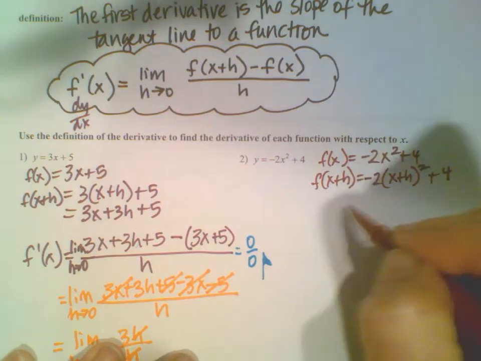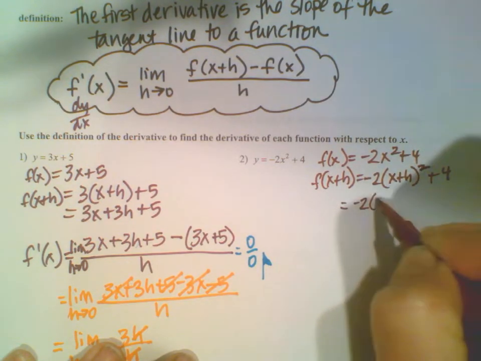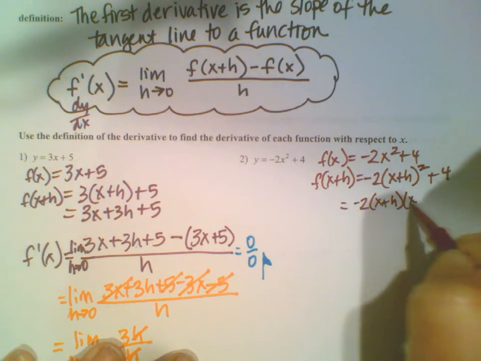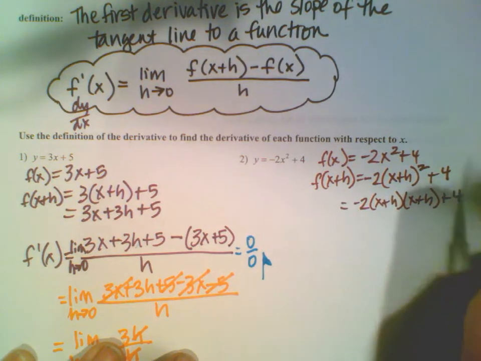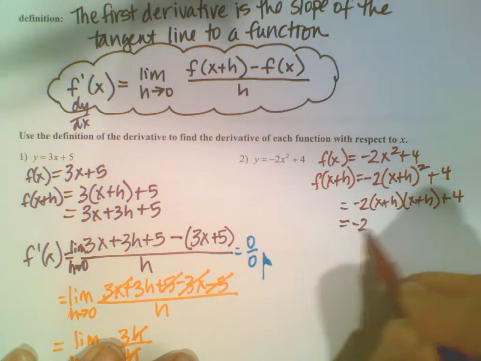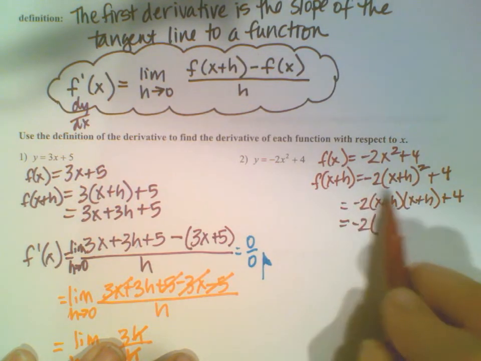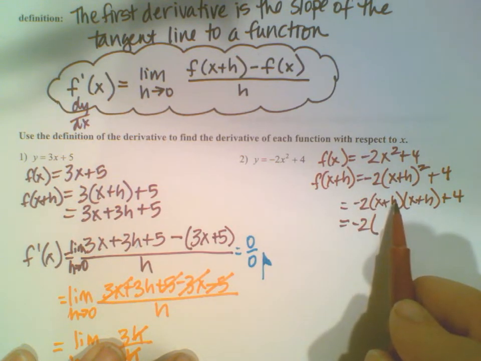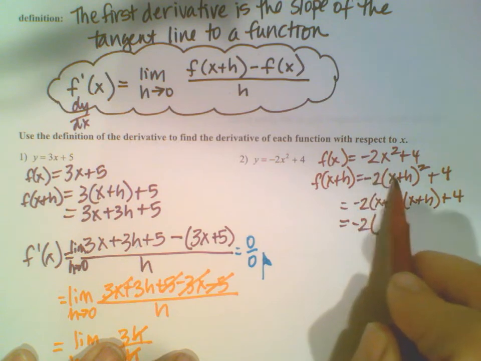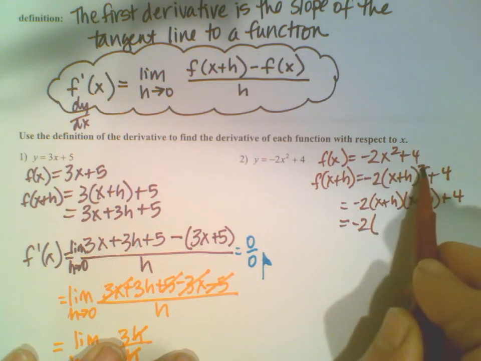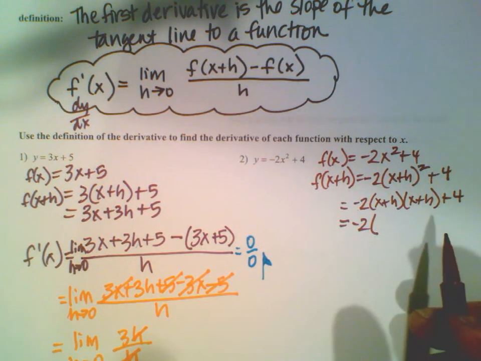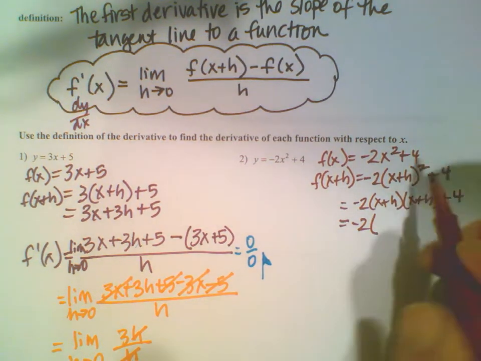So this becomes negative 2 times x plus h times x plus h plus 4, which is negative 2 times, I do this part first. You could distribute the negative 2 if you wanted to after you separate this, but you can't distribute the negative 2 before you break out the squared, so be careful with that. It's a little bit mathy problem that you have to watch out for.